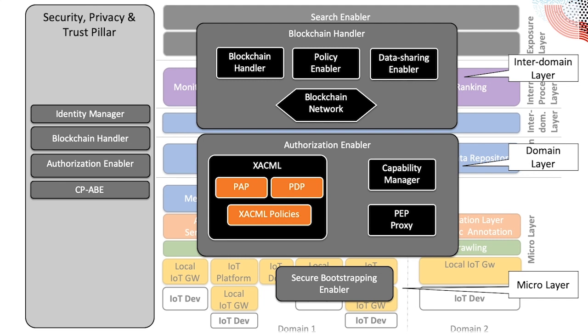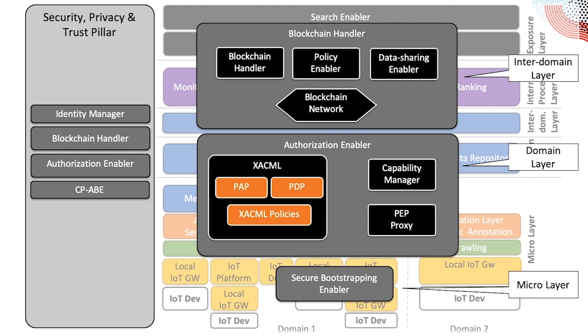Finally, at the interdomain layer, we have proposed a mechanism based on blockchain networks and more specifically on a smart contract. This is integrated with the interdomain authorization proposal and assures that the authorization policies are consensual, tracking also the performed authorization operations.